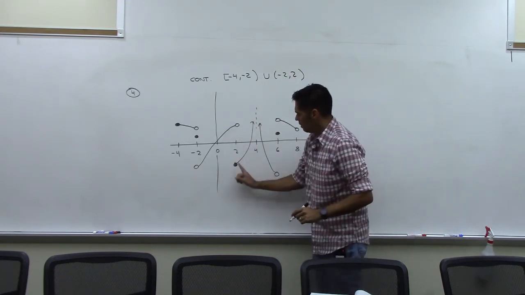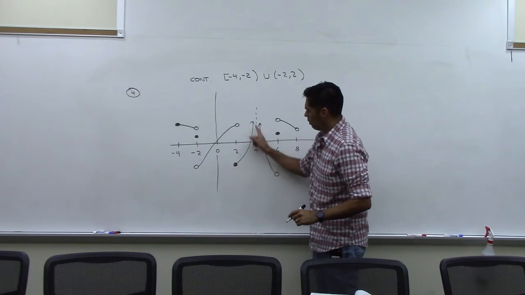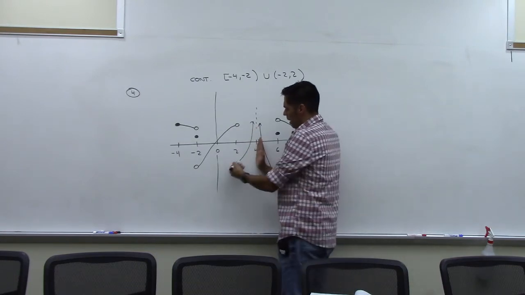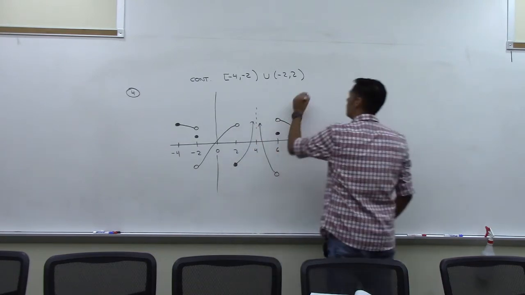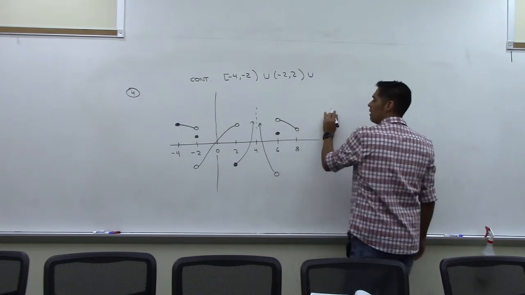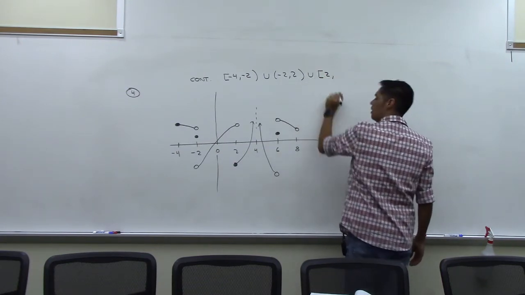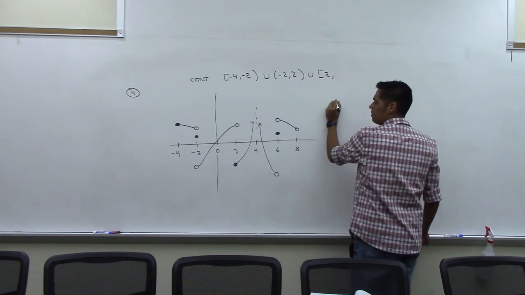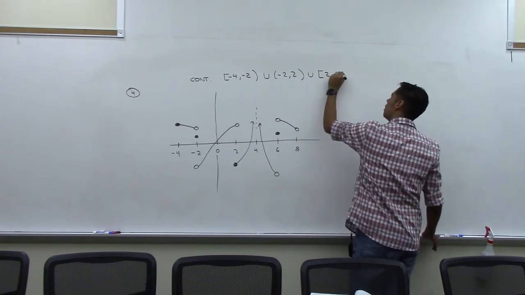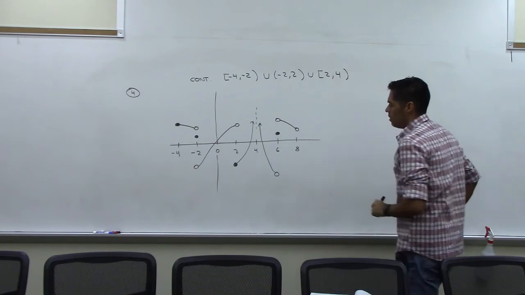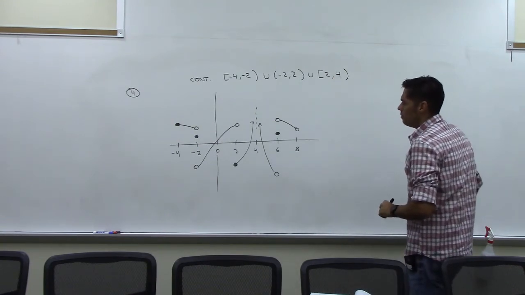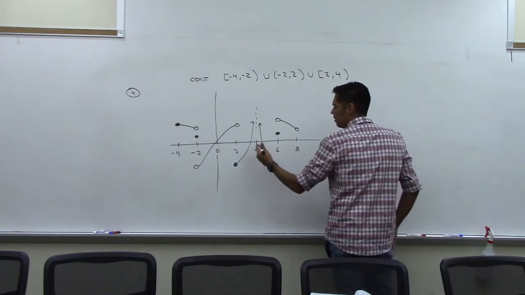And then, from 2 over until 4, but I can never get to 4, so I can say something like this. Union 2 to 4, like this. And then, where else is it continuous?